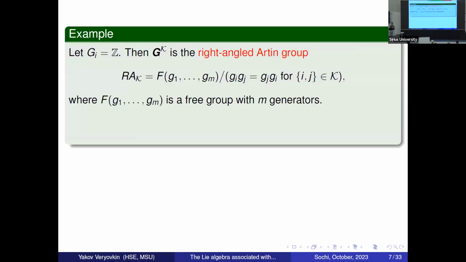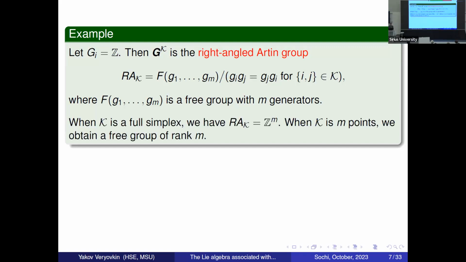We have an example. Let G_i equal Z. Then G^K is the right-angled Artin group. We have this formula: RA_K is the free group of rank m factored by the commutation relations g_i g_j equals g_j g_i for all edges from the simplicial complex.